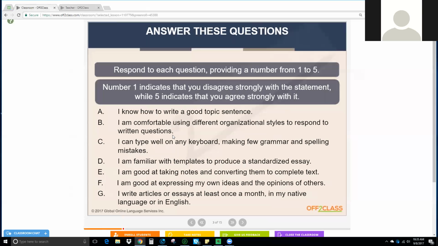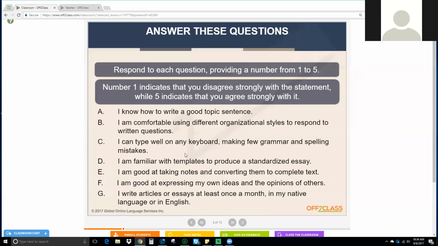We're not here to help you learn grammar or vocabulary, or in the case of writing, punctuation or paragraph structure or anything like that. These are things that you should know before you start this course. So if you need to work on those things, you should take our general English course, and we'd be happy to help you learn those things and get to the level you need to succeed in the TOEFL.